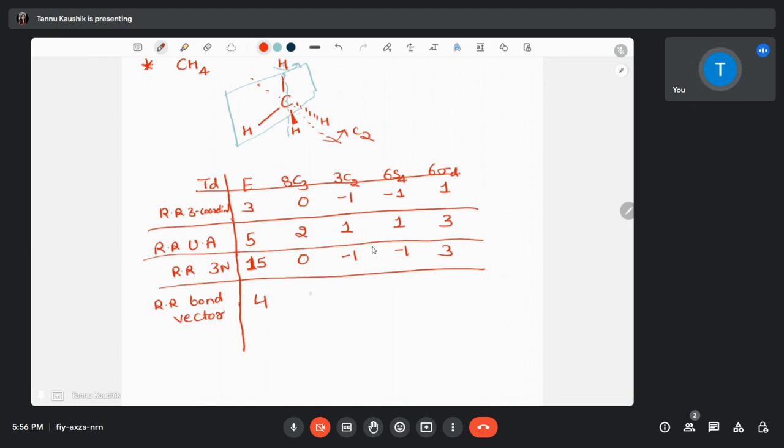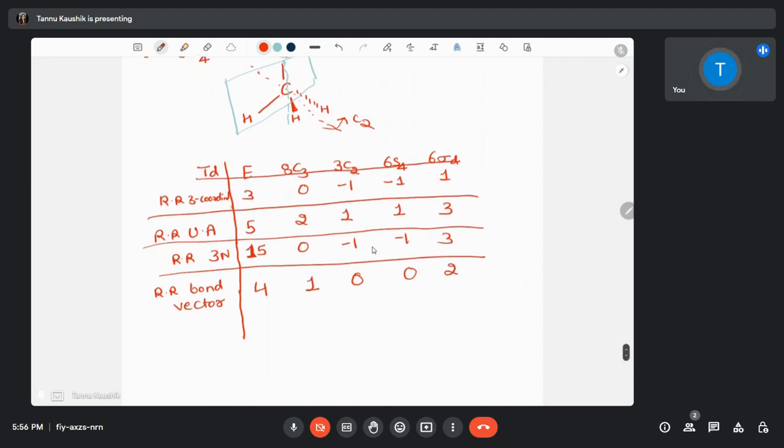And in the C3 axis of rotation, only one CH will remain unchanged. And when we apply 3C2, none of the bonds will remain unchanged, so it will be 0. And for S4 also, it will be 0. For sigma D, because it will be taking 2 CH bonds on it, these 2 bonds will remain unchanged. So it will be 2.